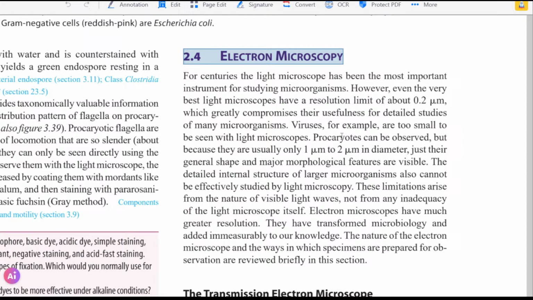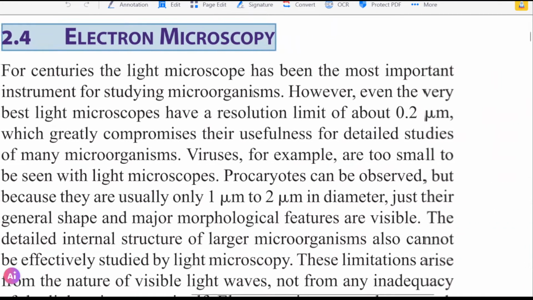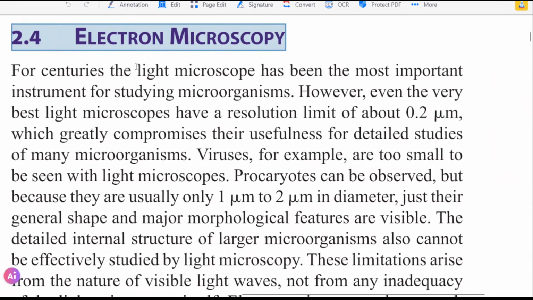Electron microscope. For centuries, the light microscope has been the most important instrument for studying microorganisms, right? Light microscopes had decades of use for studying microorganisms. At that time, the technologies were advancing, but not advanced enough for the electron microscope to be developed.